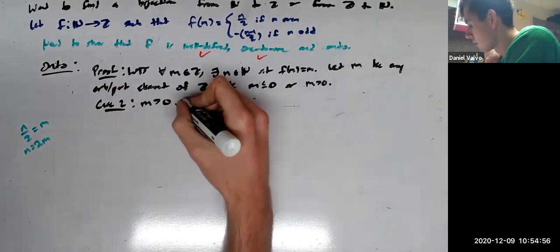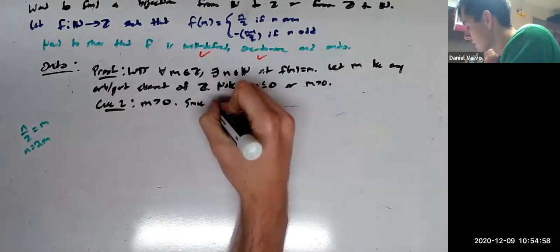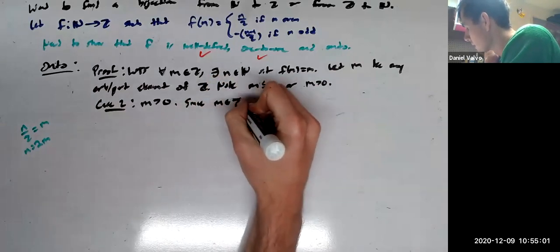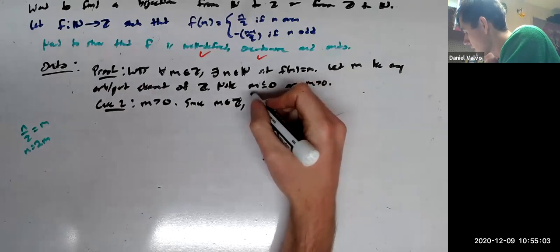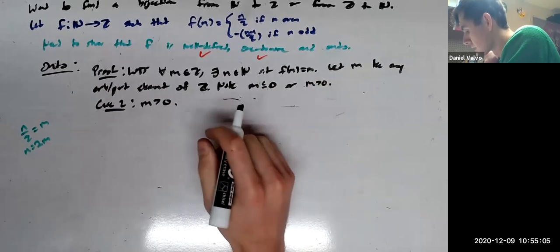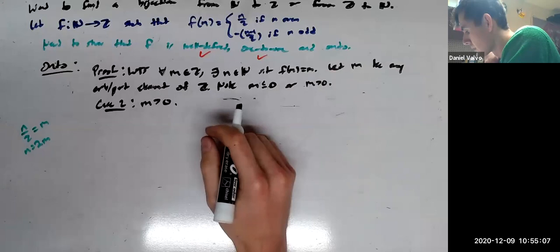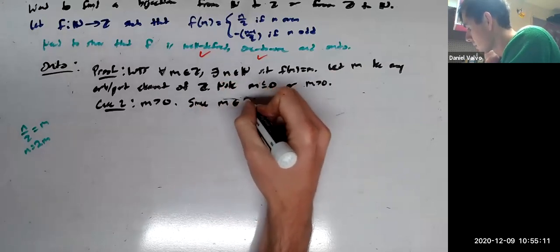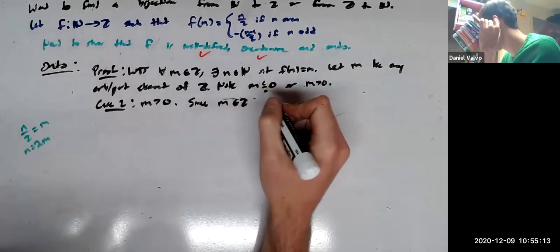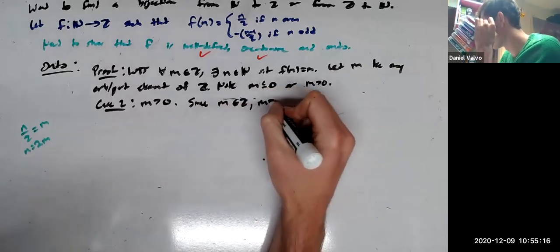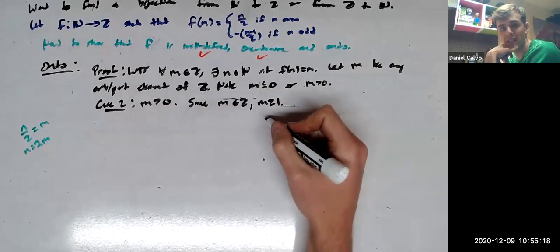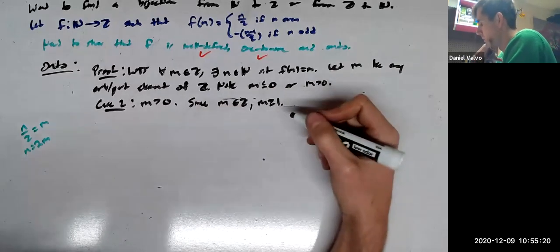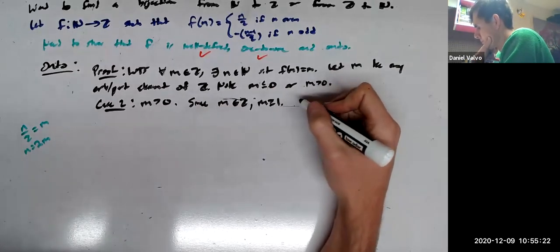M greater than 0. Since m is in Z, m must be greater than or equal to 1, since 1 is the smallest integer bigger than 0.